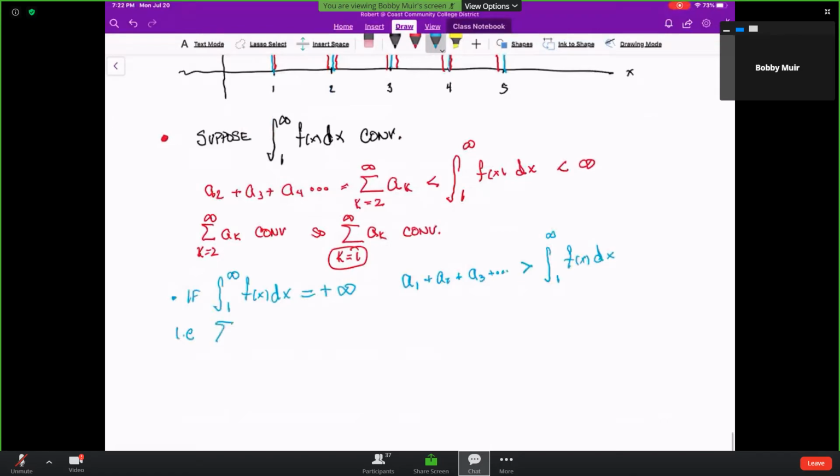That is, the sum k equaling 1 to infinity of a_k is larger than this, which equals plus infinity. So that means the sum of the a_k's diverges.